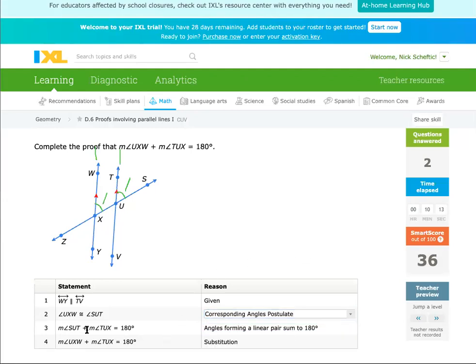The next one they already give us, but just to look at SUT and the angle right past the line, those two are going to be equal to 180 degrees because the angles forming a linear pair sum to 180 degrees. And then the last one's kind of like this.